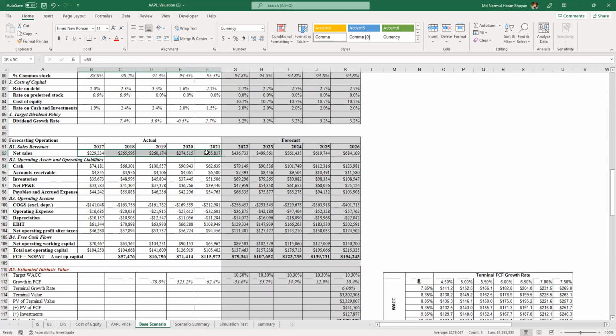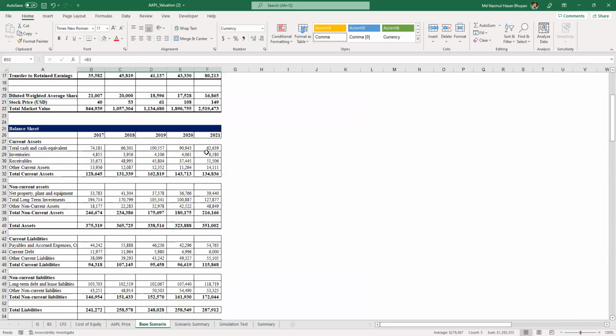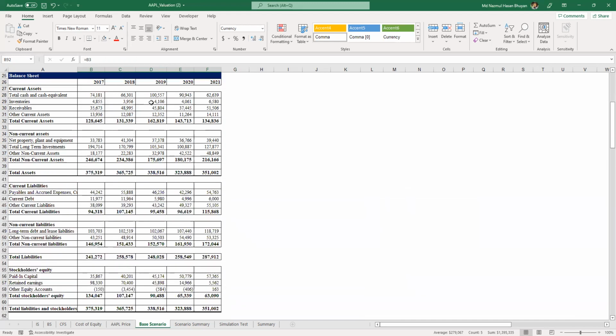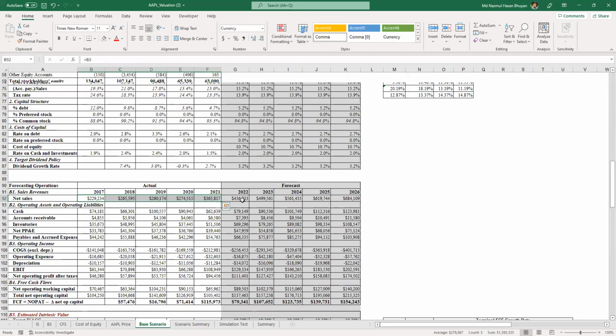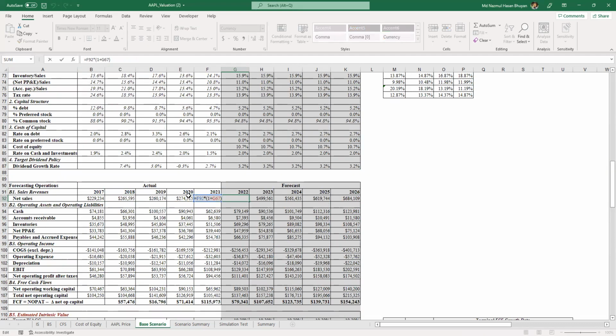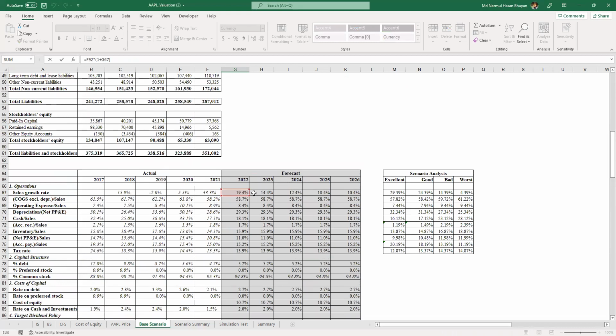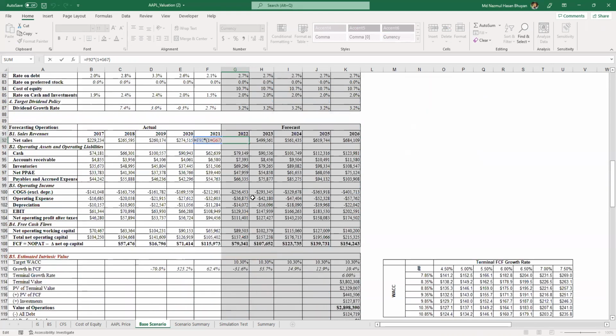So we copy our sales number from the income statement for the historical years, and then for the future years, you can see we are applying all the ratios and rates we forecasted here. So we forecast our sales growth rate to be 19.4%.